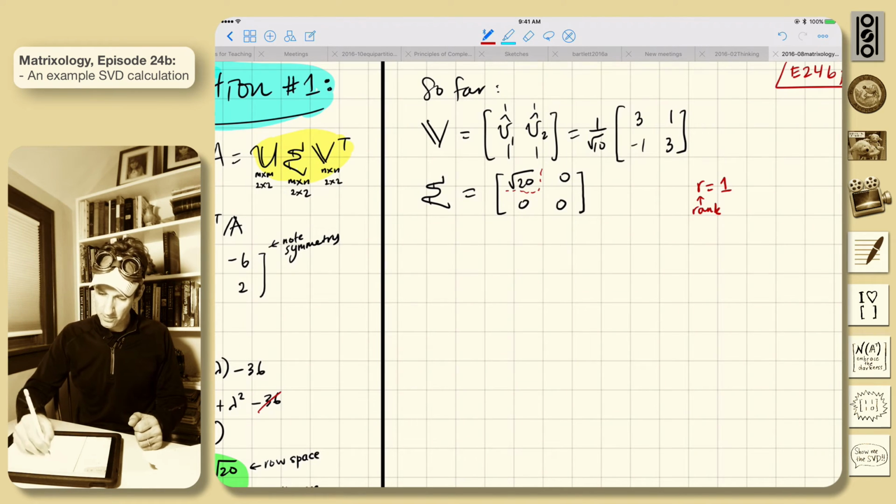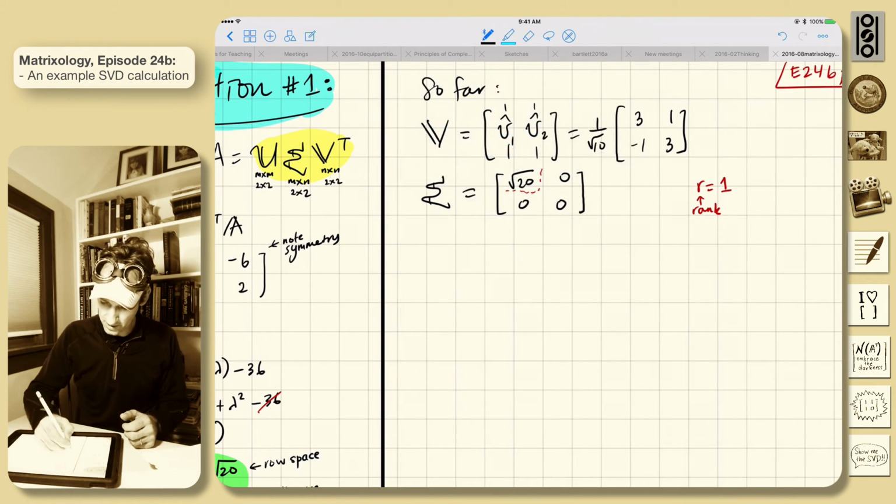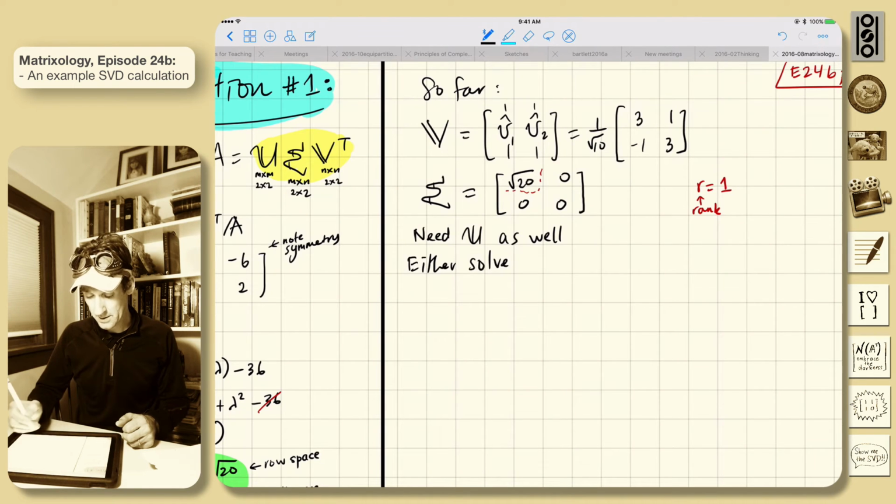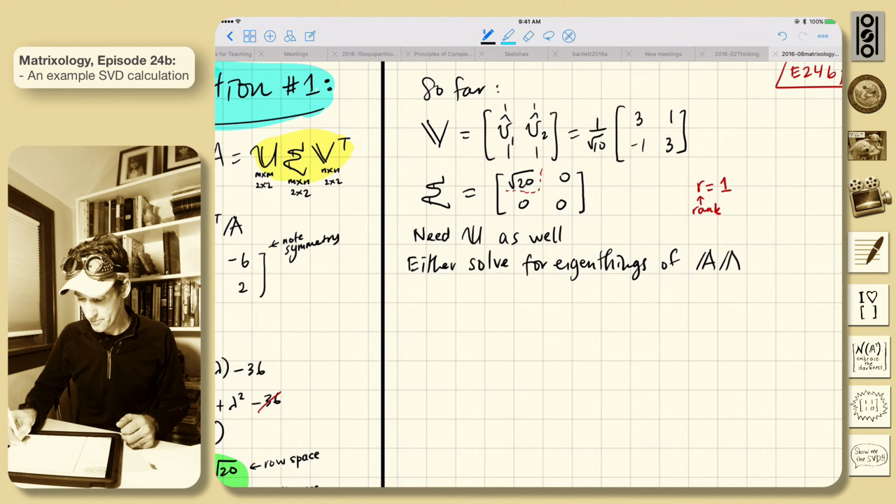Okay, so we need U. This is the way we'll do it in general. So we need U now as well. So two ways to do this. We could either solve, and this might be an exercise for you, for eigenthings of A A transpose.